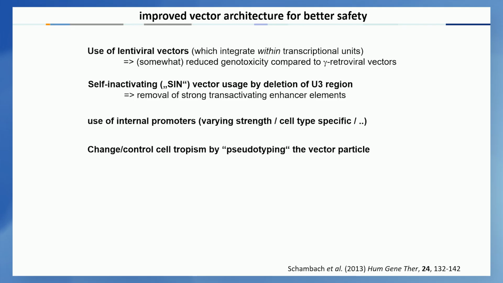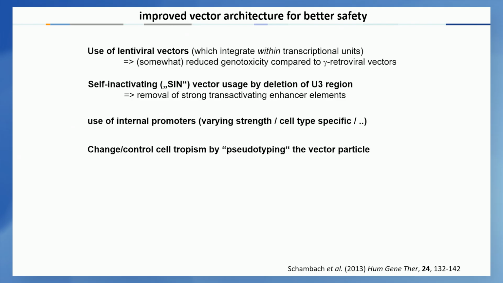Instead, you use an internal promoter, which is tissue-specific, for example, which has a different strength, much lower than the endogenous LTR of the virus, and you get an increased safety profile. And you can try to just transduce those cells you want to treat by pseudotyping of the vector particle.